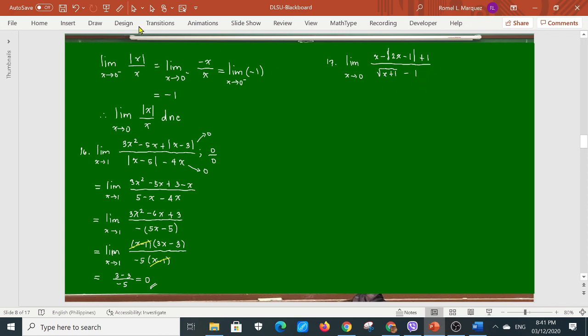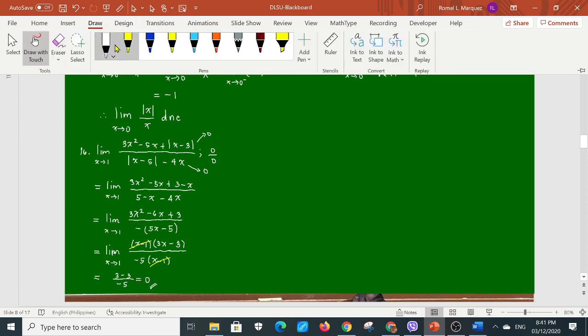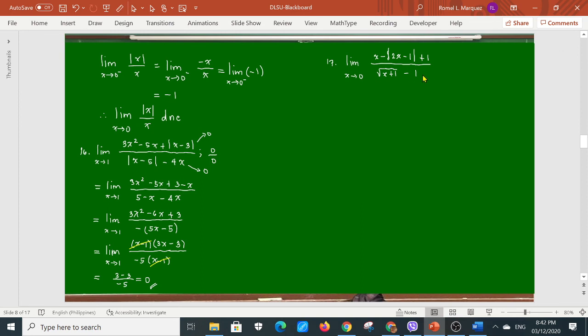Okay. What about that, guys? Let's see. What's the limit of the denominator? The limit of this is 0 plus 1, 1, because it is a square root. What about the limit of the numerator? 0. This is 0 minus 1, the absolute value is 1. Negative 1 plus 1, 0. Plus 0, 0.